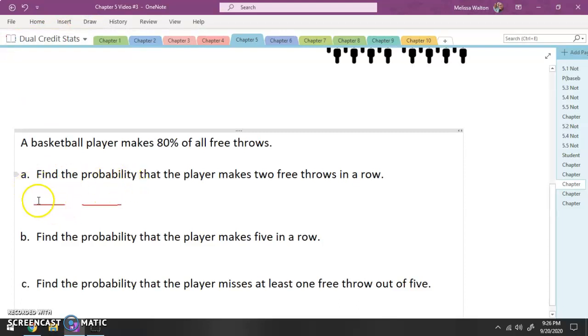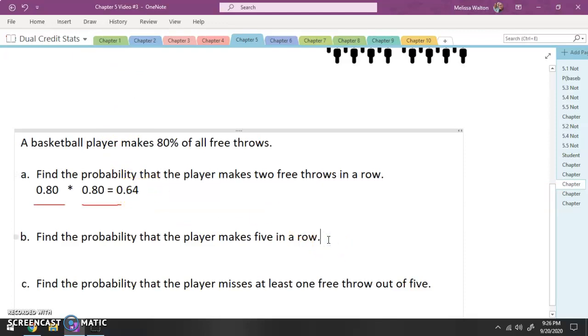So probability of making the first one, 80%, times probability of making the second one, which is still 80%. And when I multiply those two, 0.8 times 0.8, the probability that out of shooting 2 free throws, they make both of them is 64%.